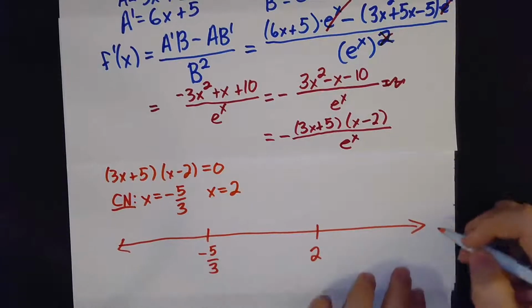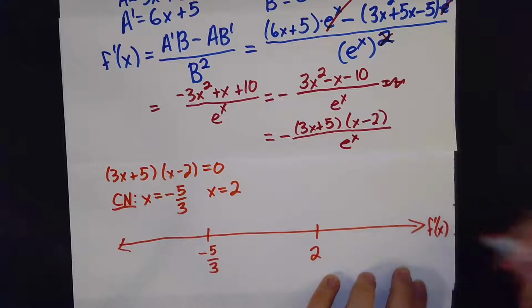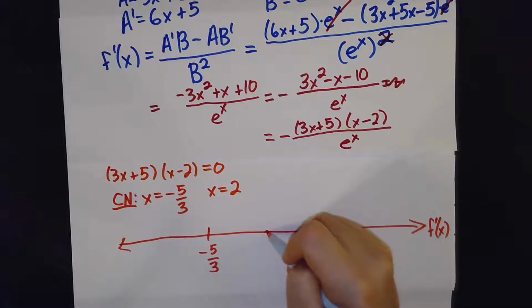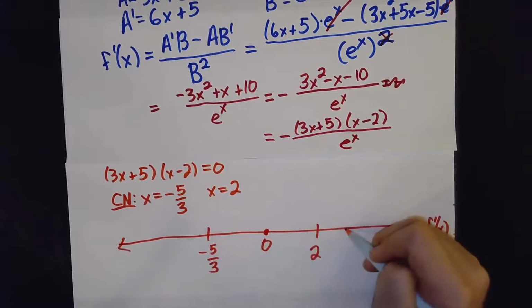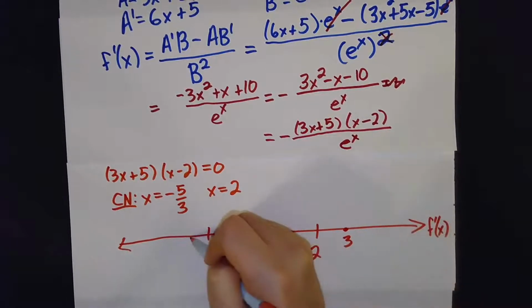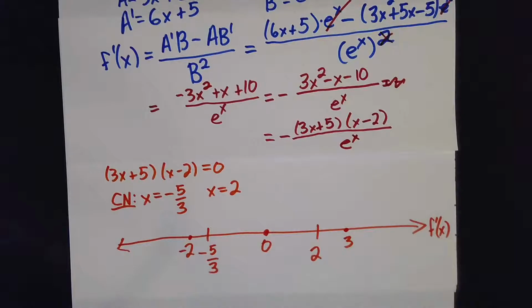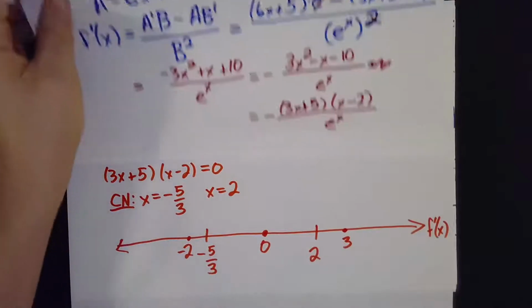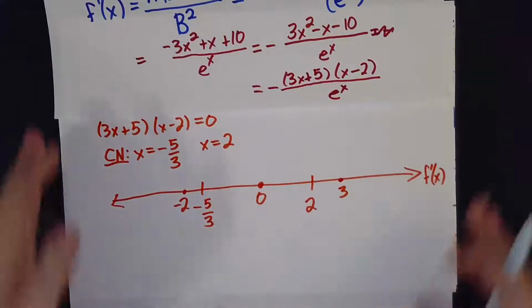And so this I'm supposed to label f prime of x. And I need to pick a test point in each interval. And I need to go ahead and actually plug each of these test points into the derivative.